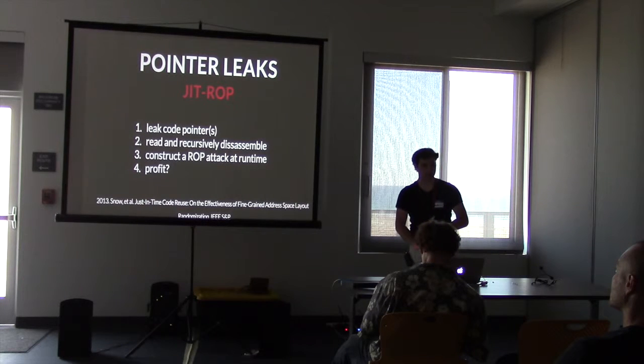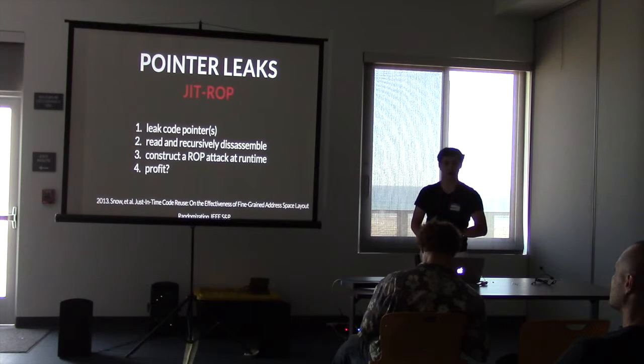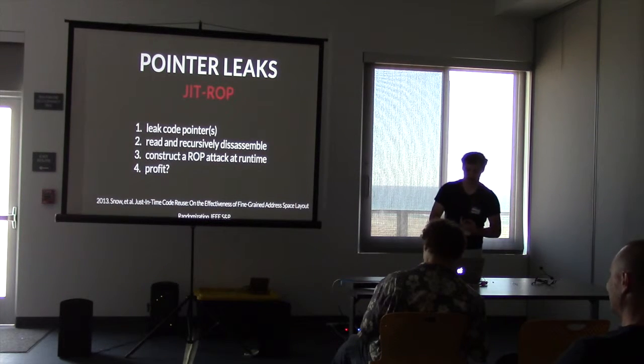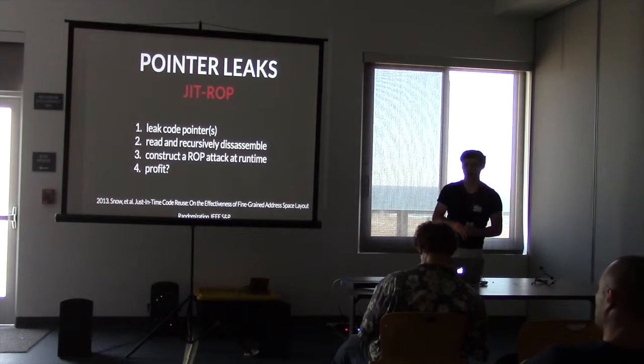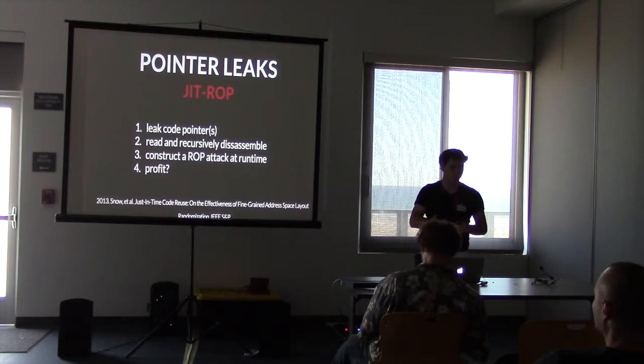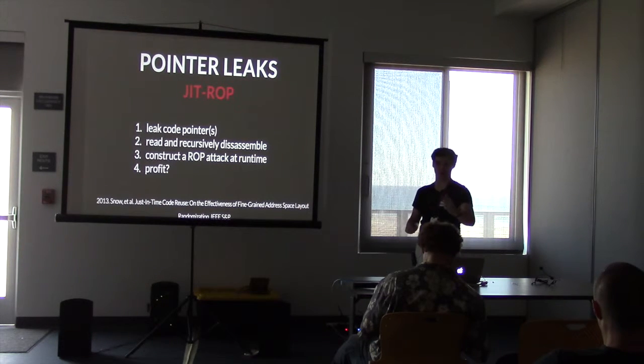So the attacker picks a byte or picks a page of memory and can read it from this dynamic scripting language. So what this attack does is it actually finds code pointers on the heap through this memory vulnerability. It then follows that code pointer and reads this page of code that code pointer points into.